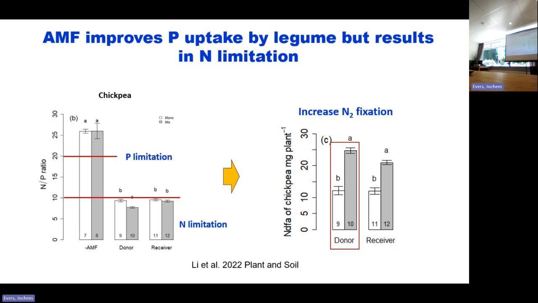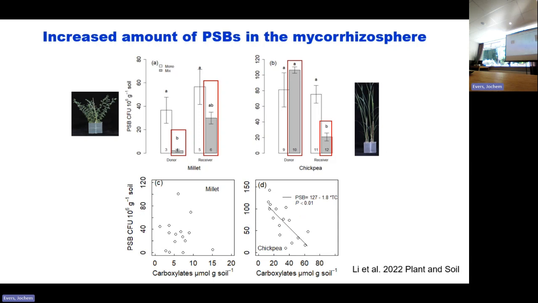So in this situation, more root exudates come from the legume, because we found that when the chickpea is the donor, the chickpea has larger biomass than the millet. So it fixes more nitrogen, and more root exudates are released in the rhizosphere, and the root exudates can act as a carbon source for the microbes.